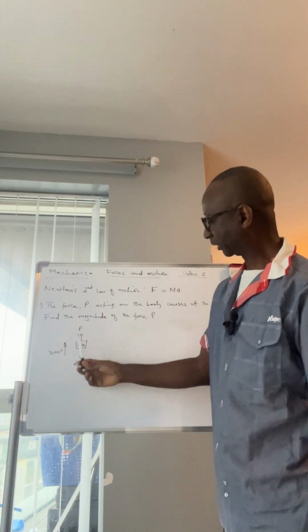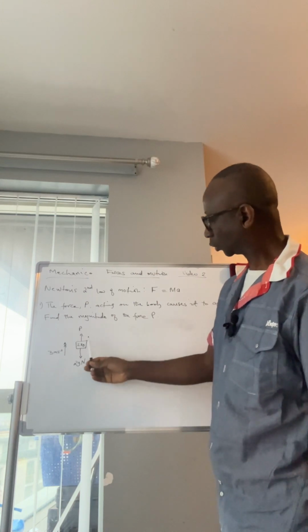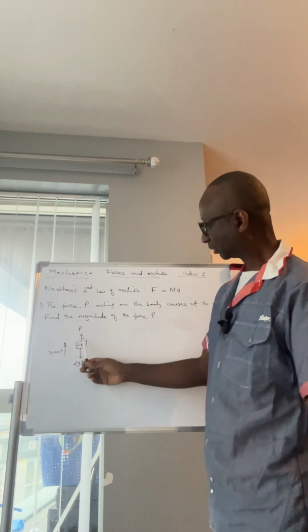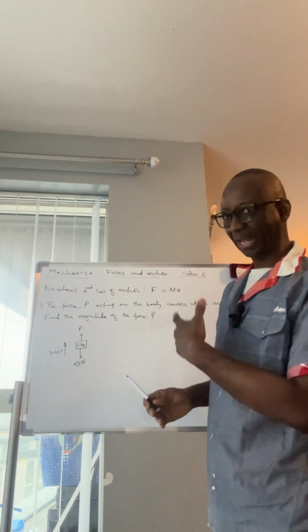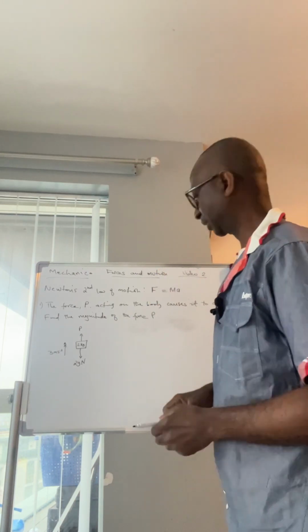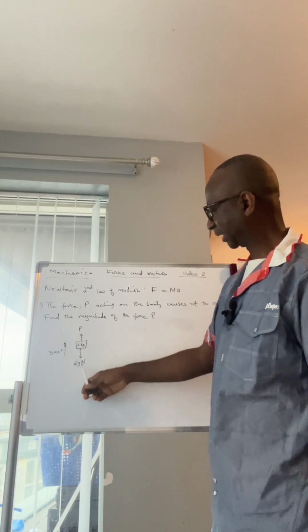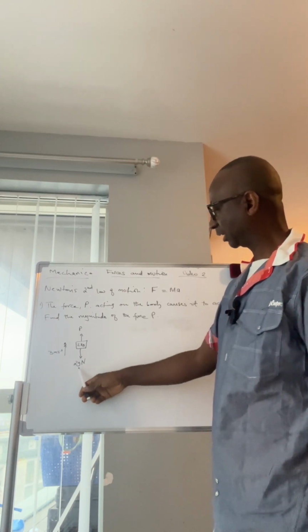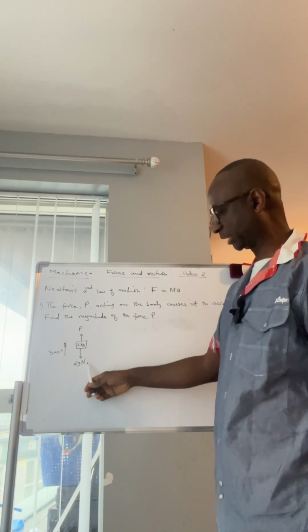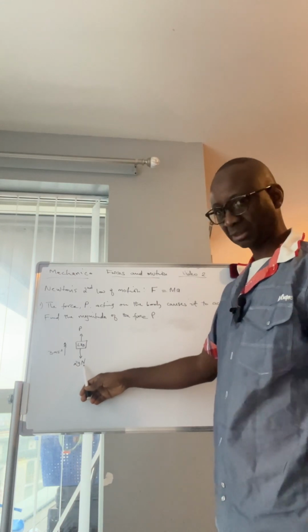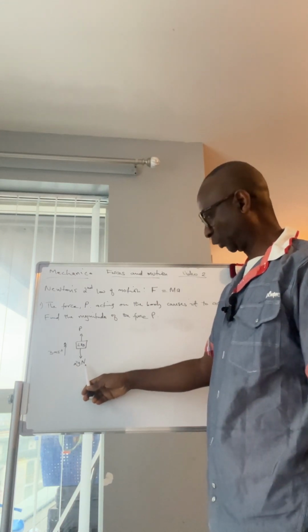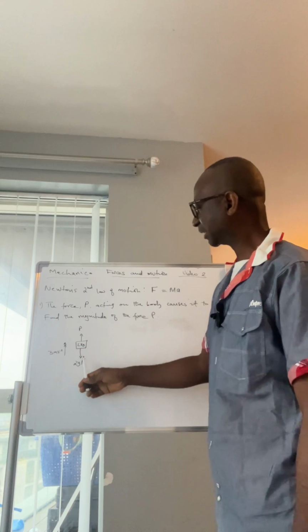We are already shown the two forces acting on it. One is going upwards, that is the normal force. And one is acting downwards, 2g newtons. This N is a unit of force, Newton. And this is the weight force.